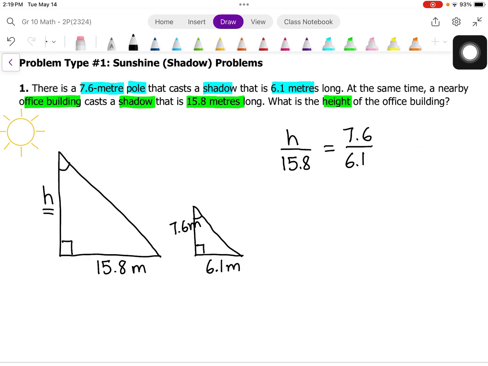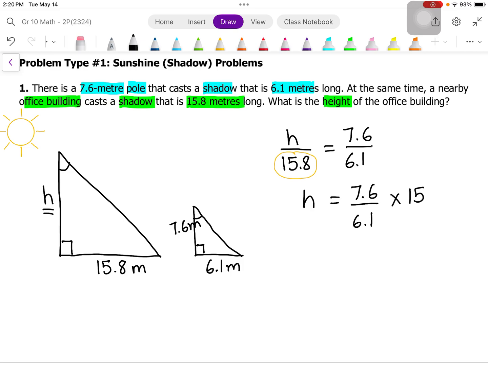So now at this point, to solve for the height, all we have to do is move this 15.8. Recall that in a fraction, this line means divide, so the opposite of dividing will be to multiply. So the only thing left in front of my equal sign now is the height. I have 7.6 divided by 6.1, and I'm going to move the 15.8 over by multiplying.